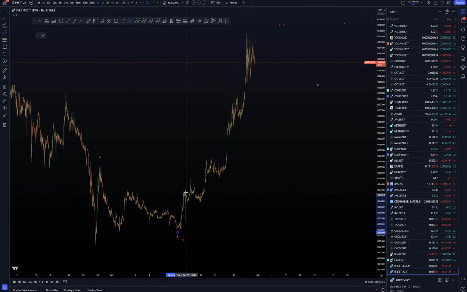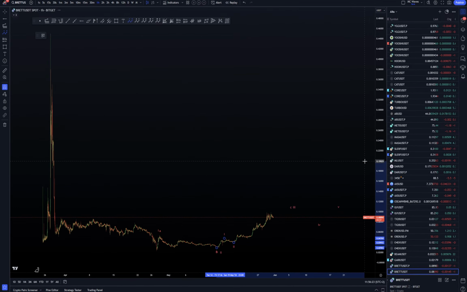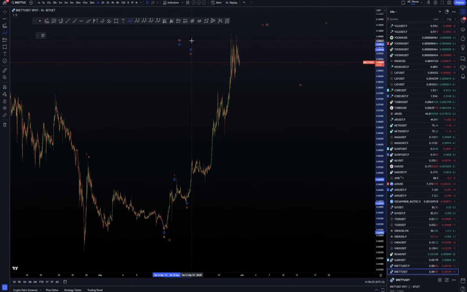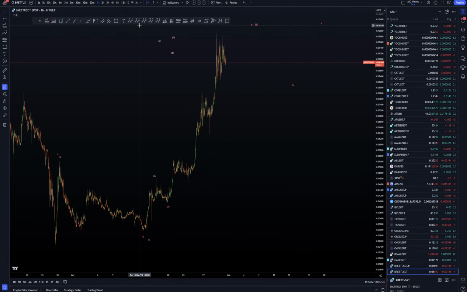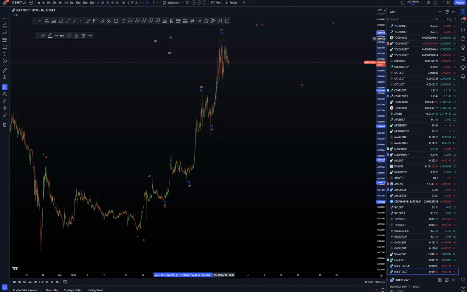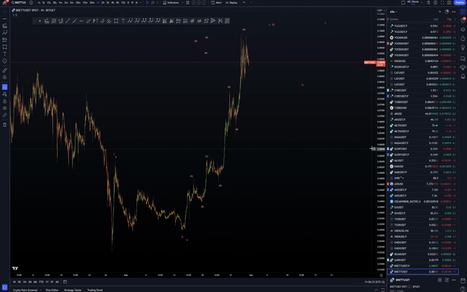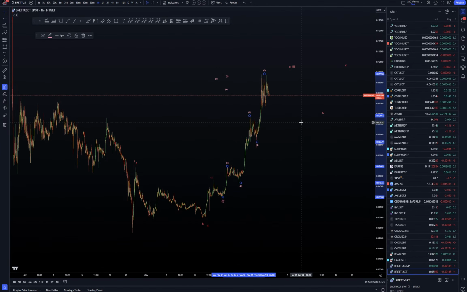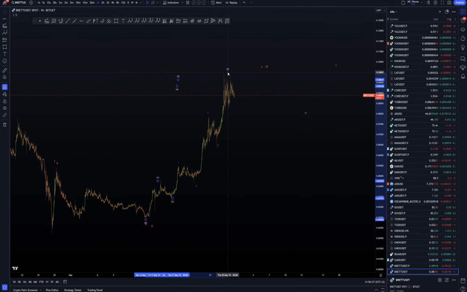So wave 1, wave 2, 3, 4, 5, pink. 1, 2, 3, 4, 5. Yeah, so you might get another wave 4 here if you wish to trade something. 3, 4, 5, and then it will complete the C all the way through really here.